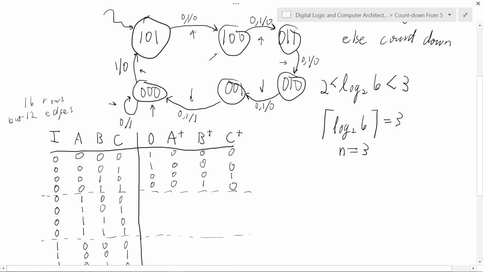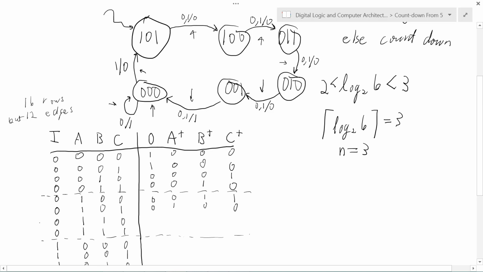For state 4, input 0, our output will be 0, and our next state will be 3, 0, 1, 1. State 5, we have an input of 0 here. So our next state is 4. Output is 0. Next state is 1, 0, 0.